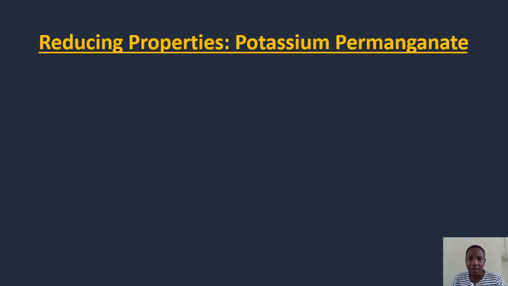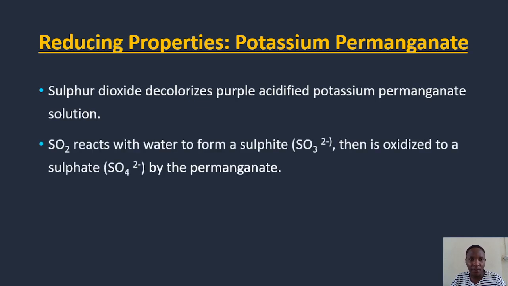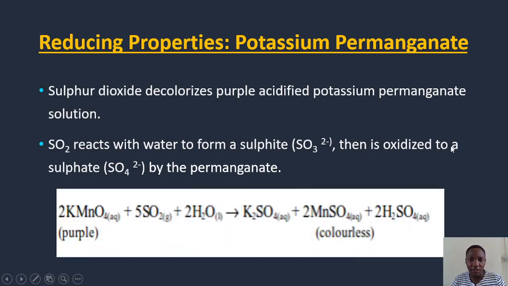Now, another reducing property is with potassium permanganate. Sulfur dioxide decolors the purple acidified potassium permanganate solution. Sulfur dioxide reacts with water to form sulfite, which is then oxidized to sulfate by the permanganate. Here is the reaction: permanganate plus sulfur dioxide plus water leads to potassium sulfate plus manganese sulfate plus sulfuric acid.